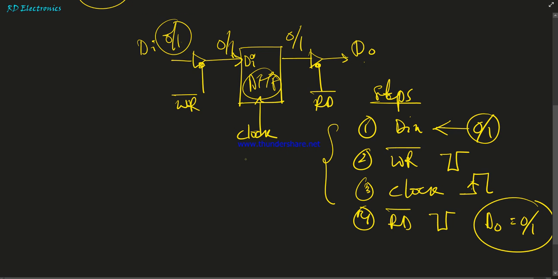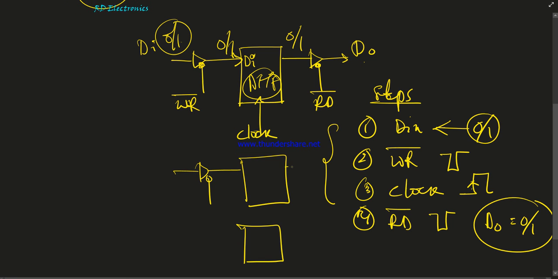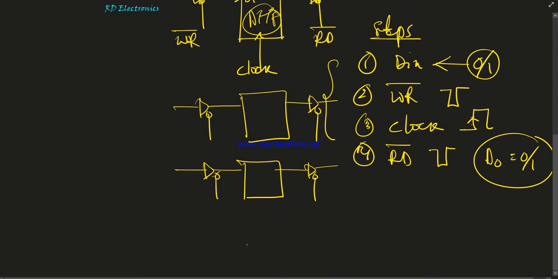So an array of these D flip-flops makes a register. If we design an array of these registers, say 4 bit or 8 bit, say there are 8 D flip-flops available.